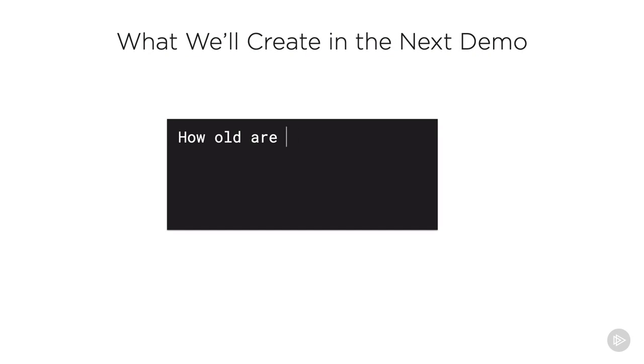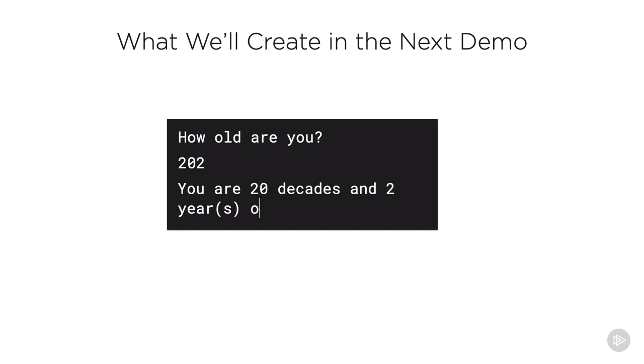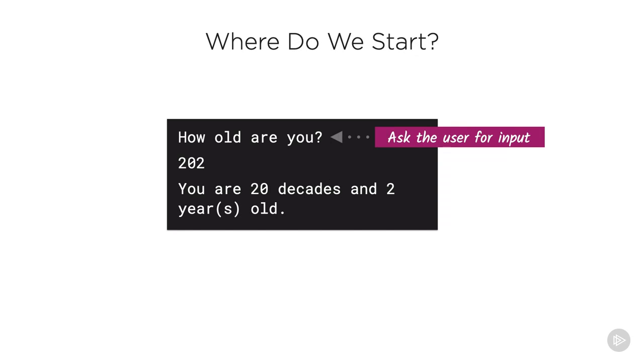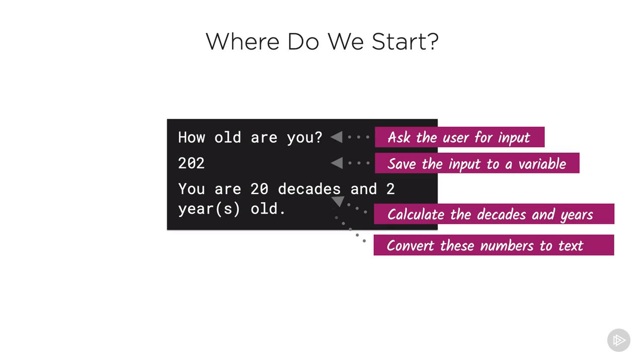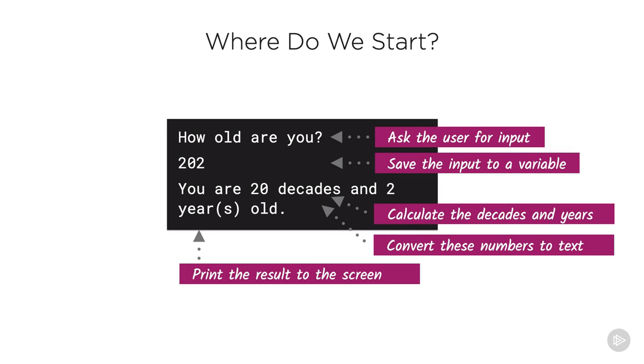Now we know how to do all of the things to create this program that we showed in the beginning of the module. We know how to get input from the user, save the input to a variable, do simple math calculations, convert numbers to text, and print the results to the screen. So I'll see you in the next demo to go ahead and create this age calculator.